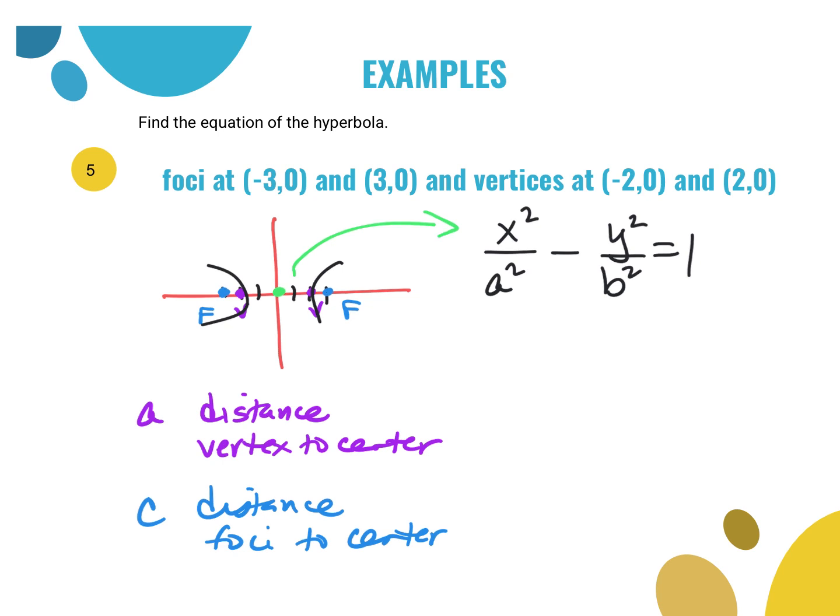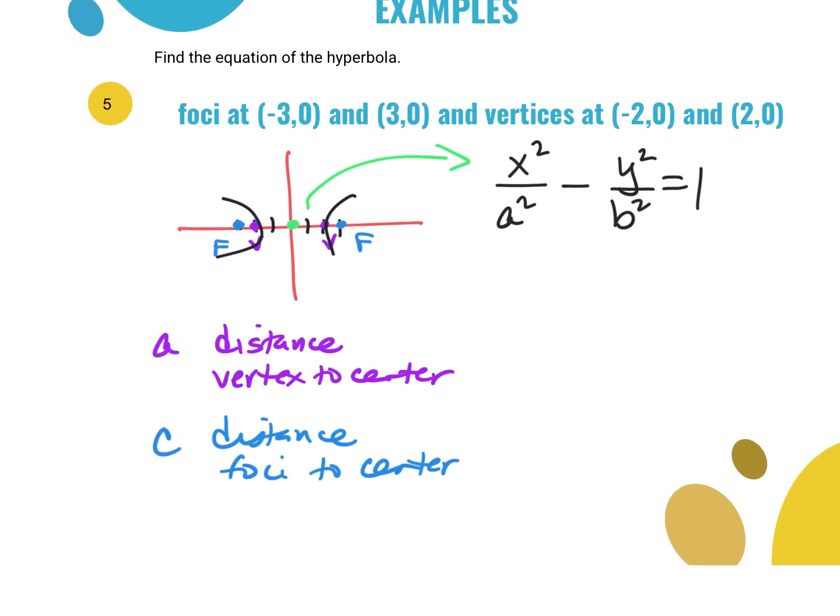So I can count the little spaces, or I could subtract here. I can see that my c value, the distance from the green to the blue, is going to be 3. So from here to here, focus to center, c is 3 spaces away on both sides. And then the distance from the vertex to the center, my a value, is 2.